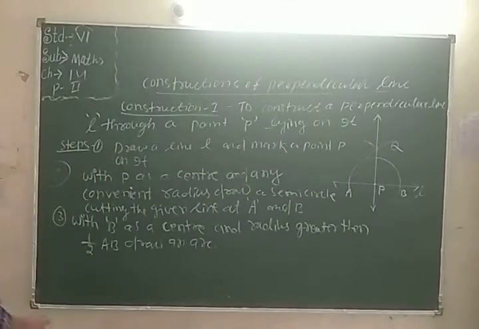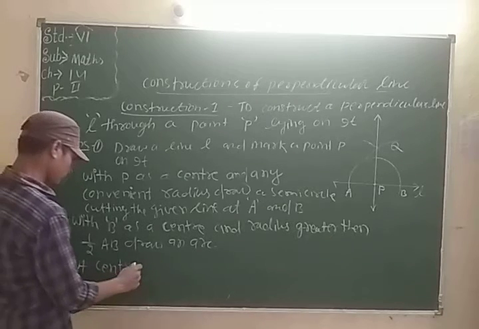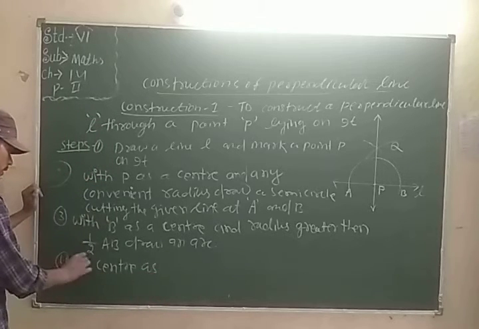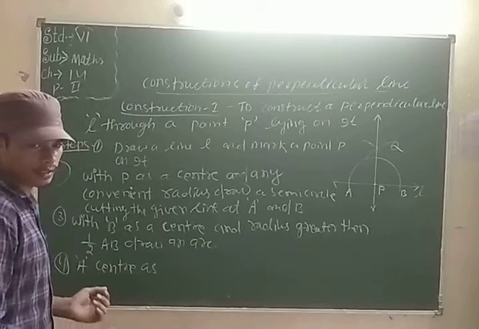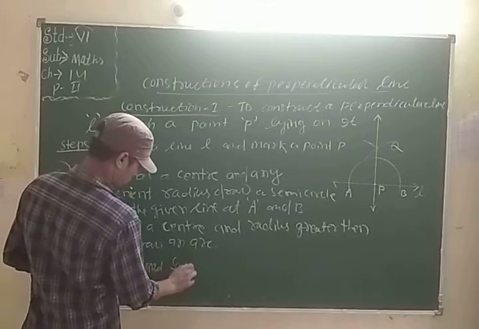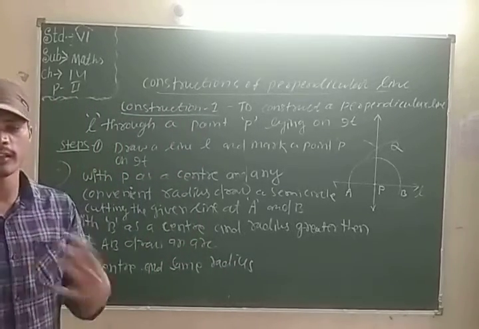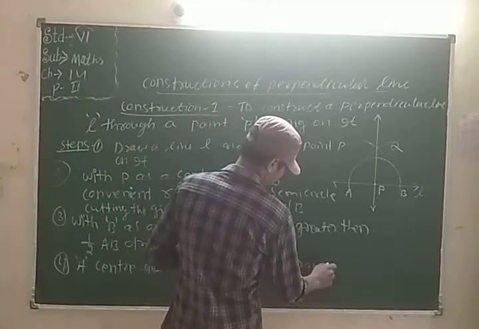Then step four. In step four, we take A as the center with the same radius. We take the same centers and same radius and draw another arc.